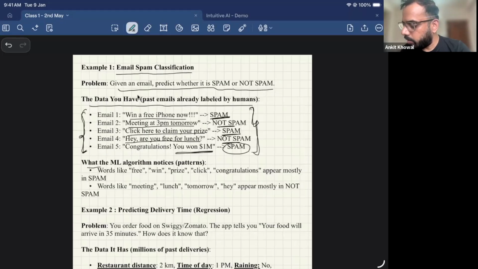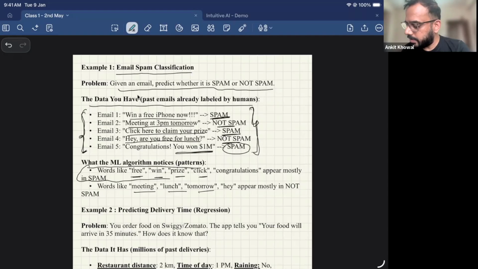Now, what the ML algorithm will do is go through this data and figure out that words like free, win, prize, click basically appear when it's a spam. So it will learn this pattern. And words like meeting, lunch, tomorrow are general words, so it will not classify them as spam.